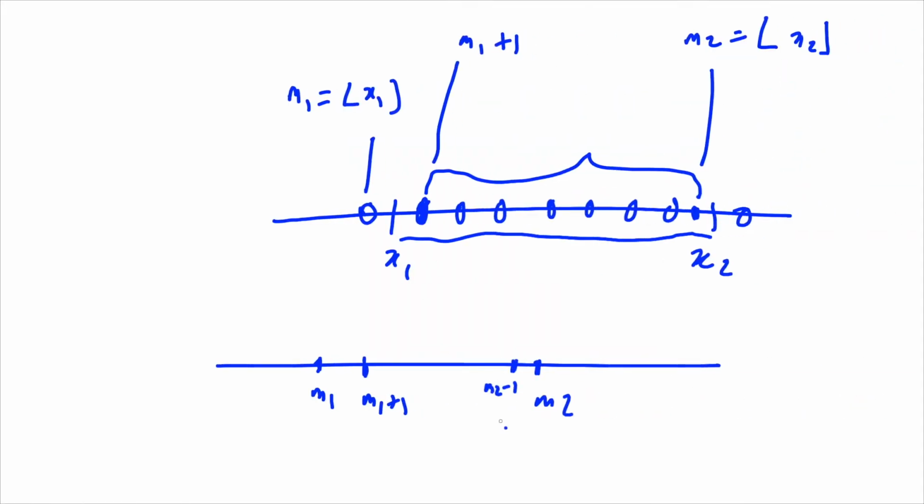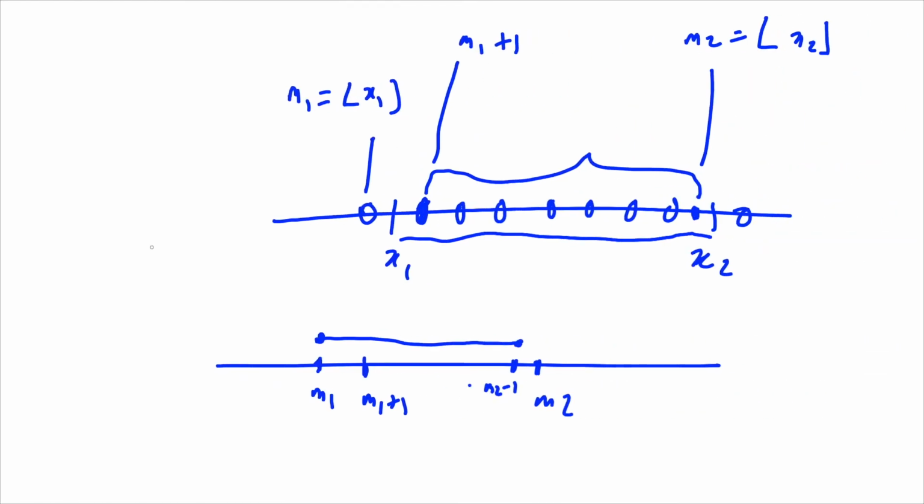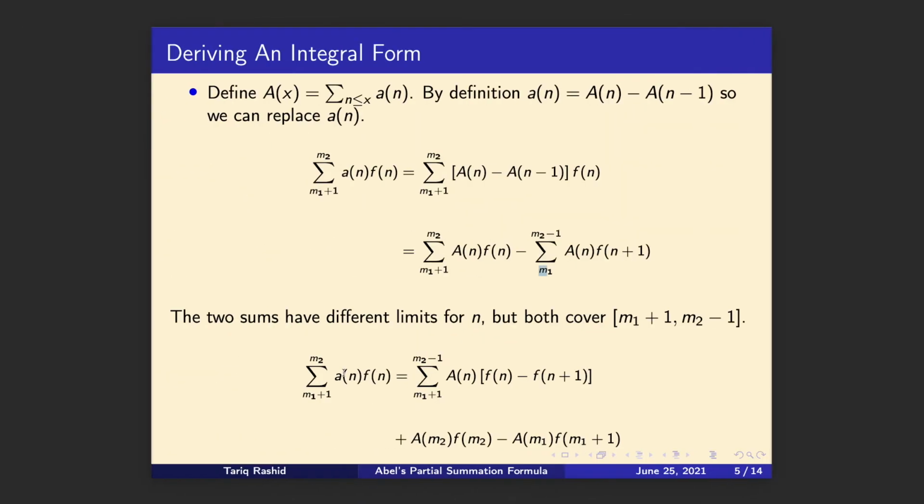One of the sums went from m1 to m2 minus 1, and the other one went from m1 plus 1 to that one. So there is an overlapping region, and then we've got the bit extra at the end. That's the observation we're going to use. They both cover m1 plus 1 to m2 minus 1.